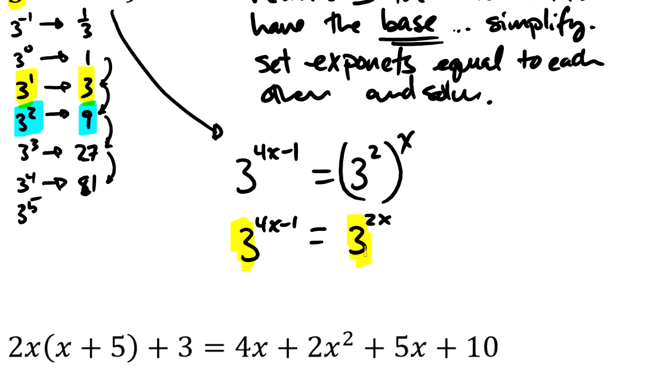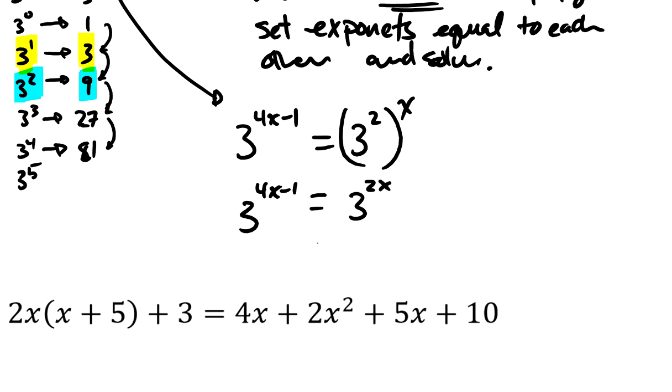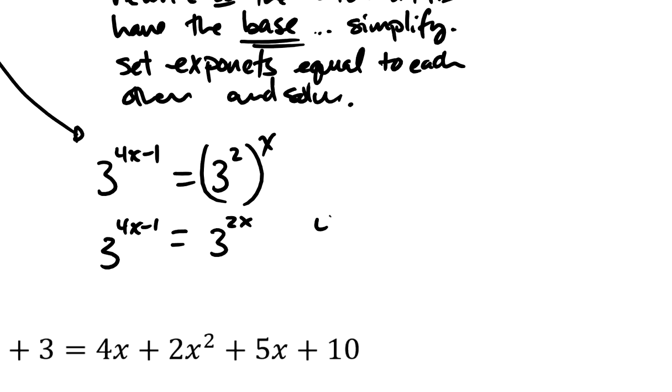The only way that this can be true is if the exponents are the same. So we're just going to go ahead and set the exponents equal to each other at this point. We need to know when the exponent 4x minus 1 is the same as this exponent.